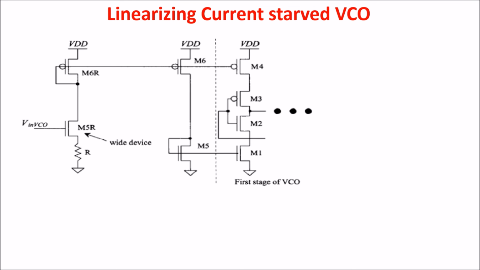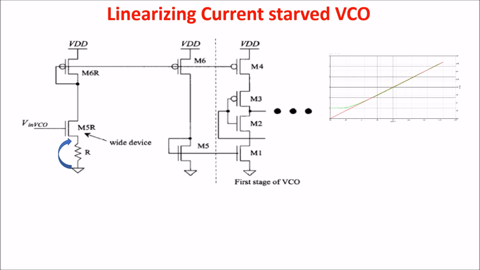To make the current in a MOSFET linearly related to the VCO input voltage, consider this circuit. The width of M5R is made wide so that its gate-source voltage is always approximately the threshold voltage. In this way, the increase of the input voltage drops on the resistor R, linearizing the relation between Vin and the current ID.